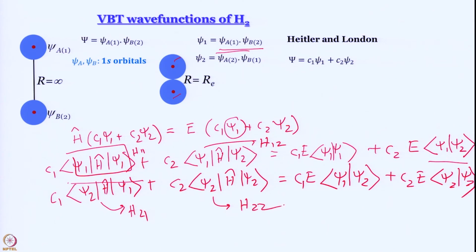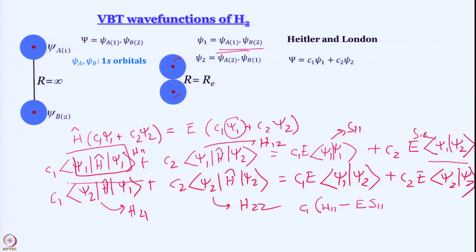And with this we can rearrange the equation also. We can write something like C1 multiplied by H11 minus E S11. I will call this S11. We have encountered these, have we not?